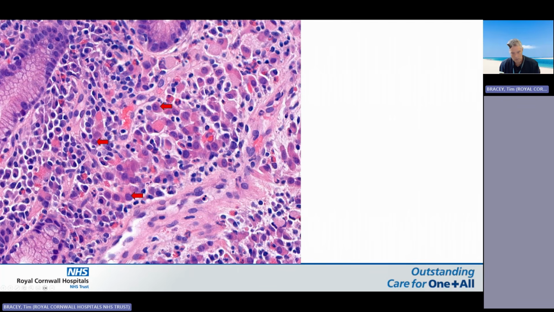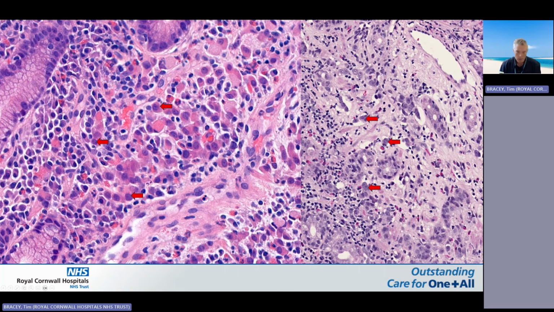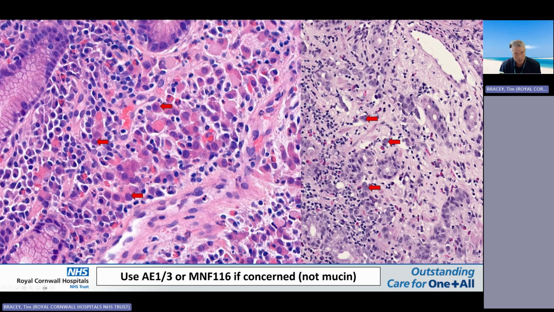Usually you'll be able to find some more classic signet ring cells, and sometimes the tumour cells can almost look like fibroblasts or be very difficult to identify as epithelial at all, but these would be called poorly cohesive adenocarcinomas rather than signet ring cell.